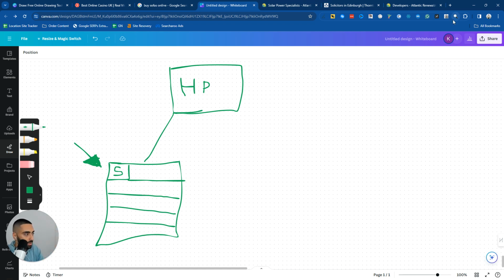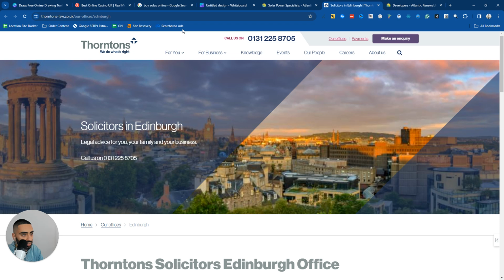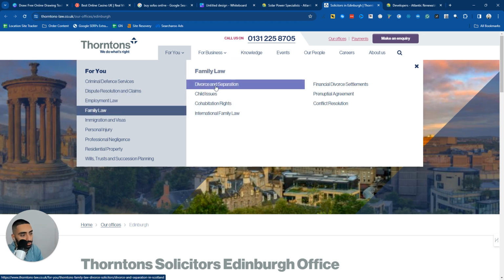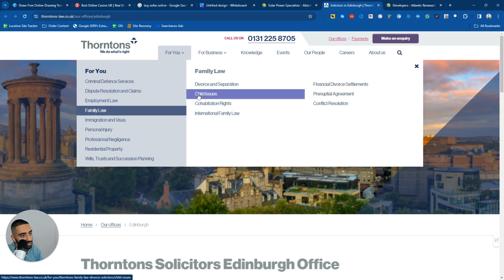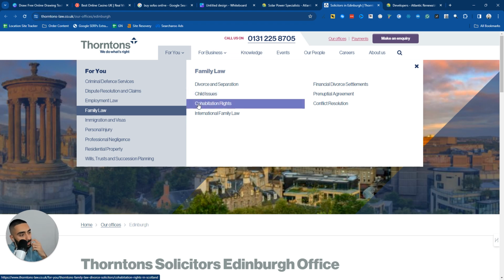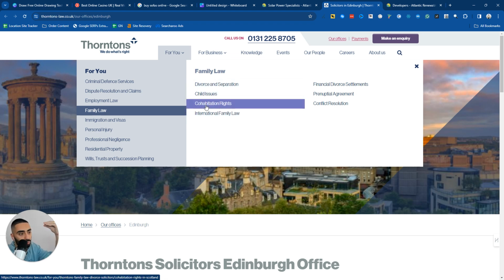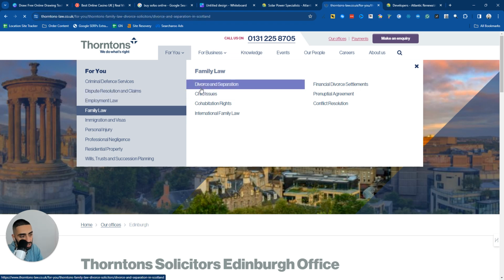So what I mean by that is, if we were to take a look at this website here, right, they've obviously got for you, they've got family law, and then they have divorce and separation, and they have child issues, they have cohabitation rights, international family law. They've not grouped all of these into one page, because they know that each deserves its own page.